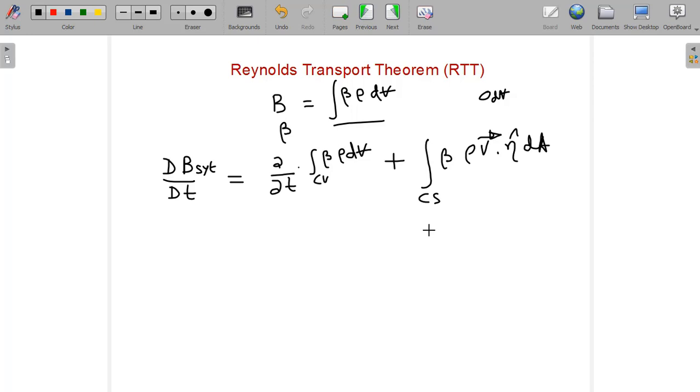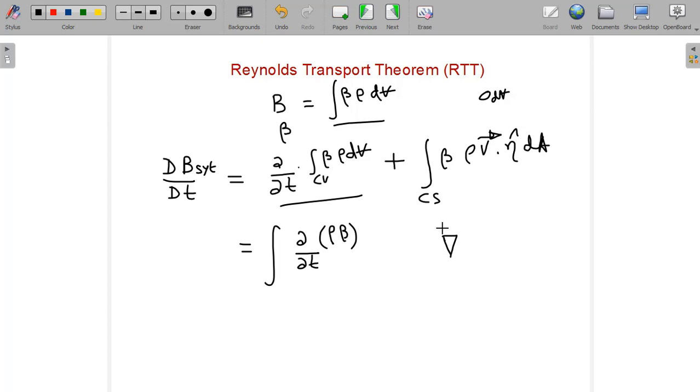Okay, so you can convert this surface integral into a volume integral also. For that, you can write this part as del/del t of rho into beta into dV. The dV part we are taking because we want to convert this quantity also into a volume integral by using the divergence theorem.